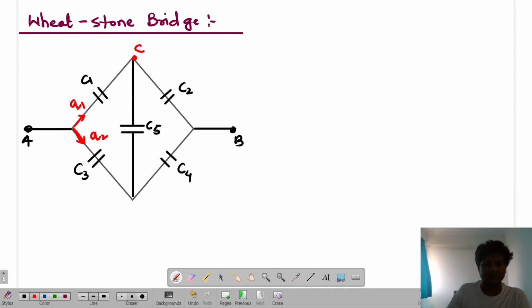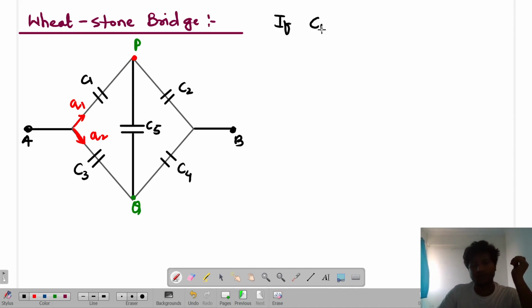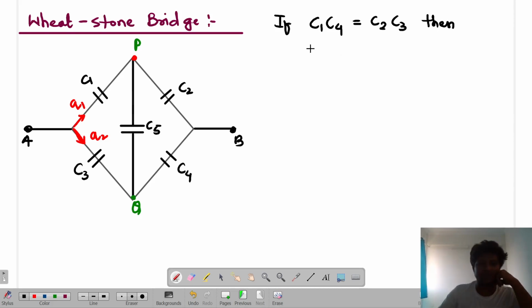I call this as C, and I call this as P, and I call this as Q. So the condition is that if C1 into C4, the cross multiplication of capacitance, is equal to C2 into C3, then potential at P is exactly equal to potential at Q.